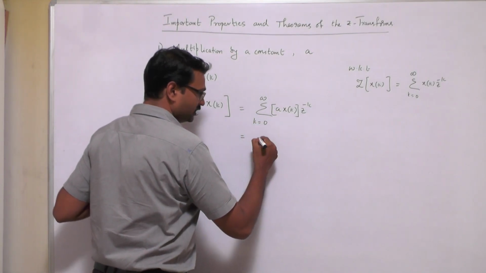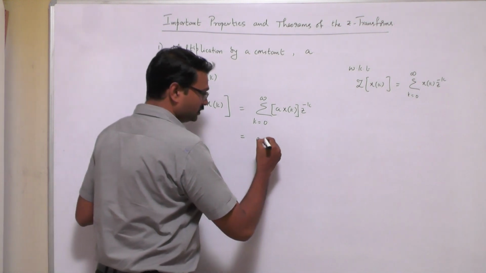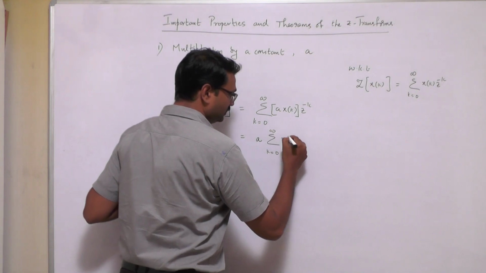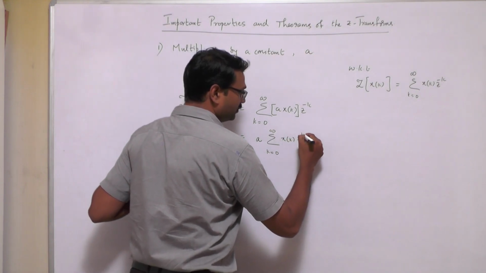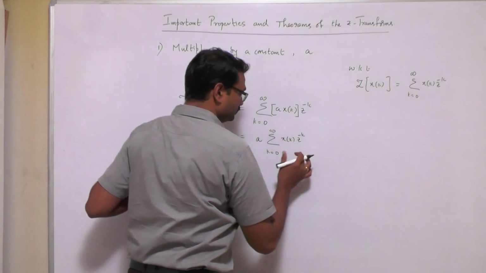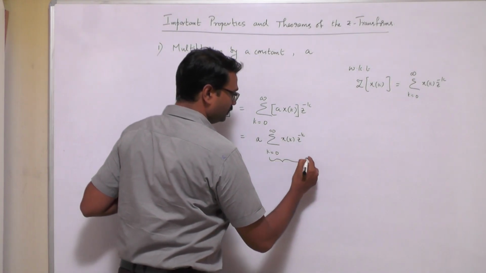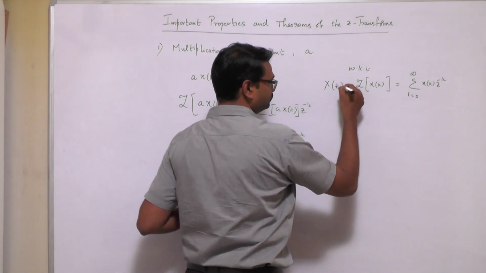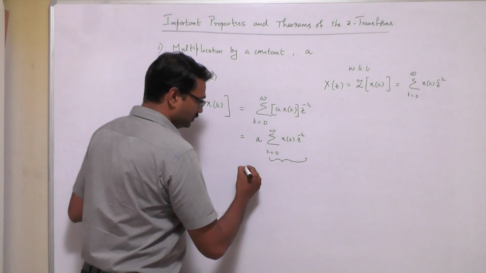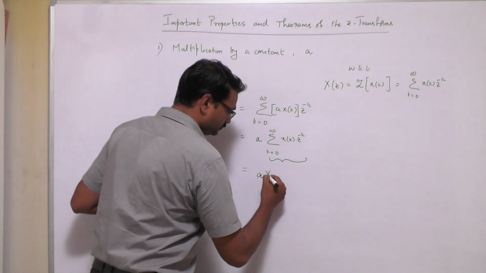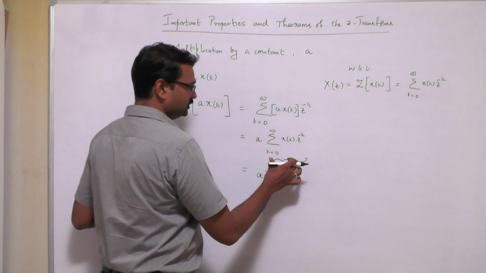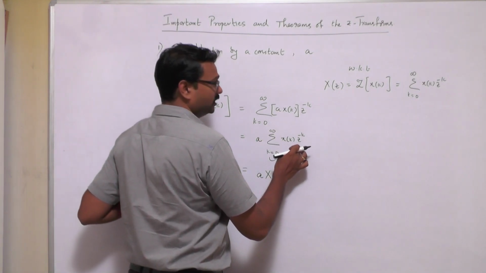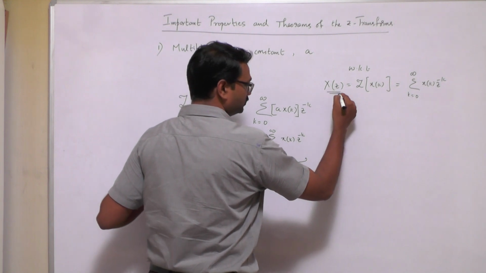Since a is a constant, a can always be taken out without loss of generality. Then a into sigma k is equal to 0 to infinity x of k z power minus k. Now, what is this function? This can be written as X of z. Therefore, I can write this as a into X of z, because sigma k is 0 to infinity x of k z power minus k is nothing but X of z.